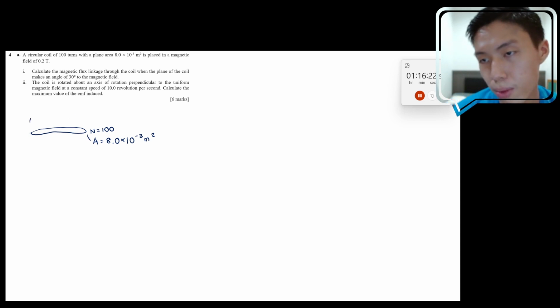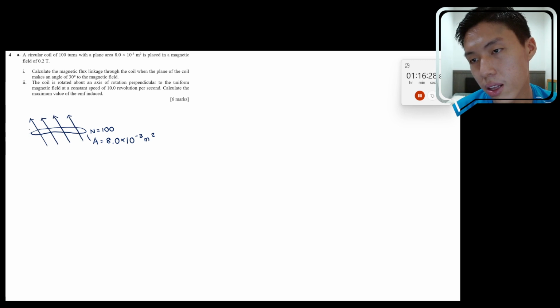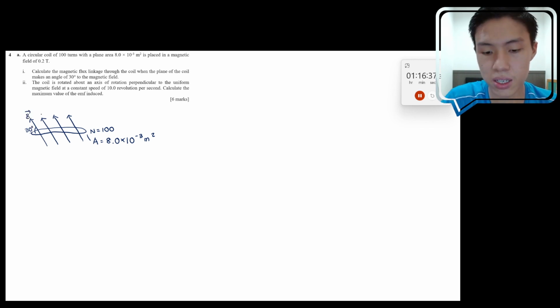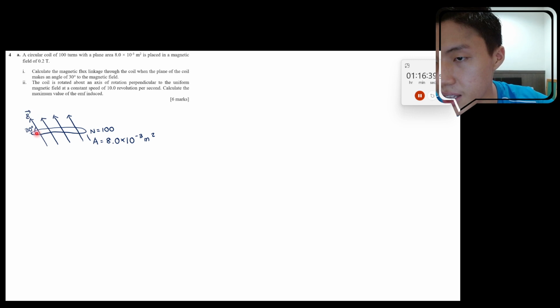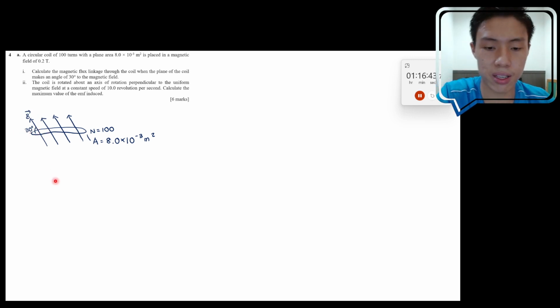So the magnetic field might be like this, and the angle between the plane and the magnetic field is 30 degrees. Okay, now they ask for the magnetic flux linkage.